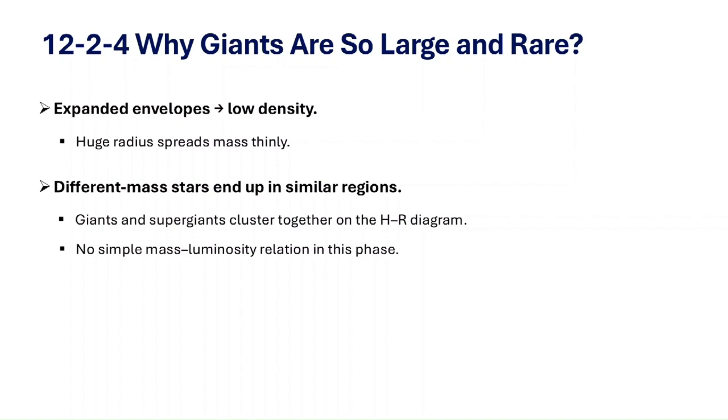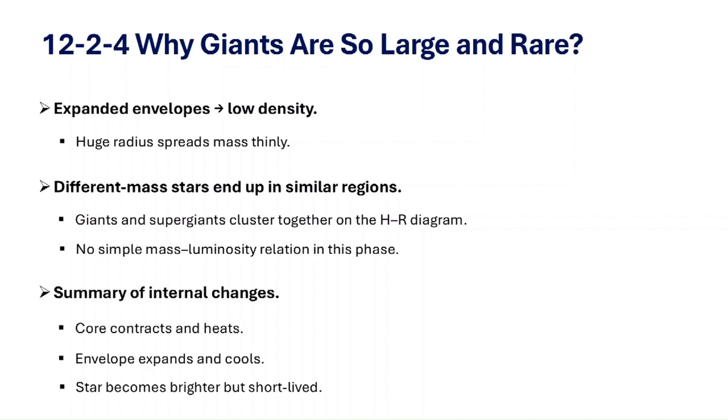Now finally, let's summarize what's happening inside the star as all this expansion takes place. The core contracts and heats, while the envelope expands and cools. Then the star becomes much brighter because of the large surface area. But this phase is relatively short-lived, especially compared to the long, steady life of a main sequence star.